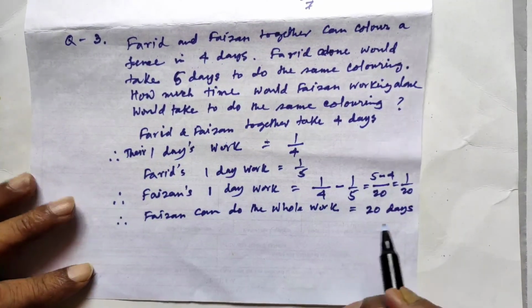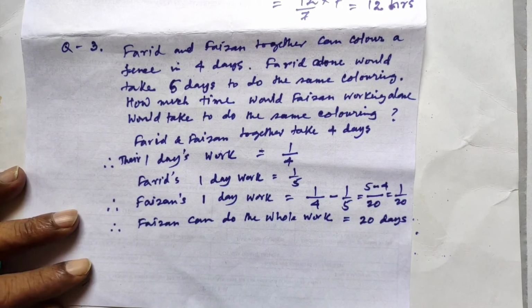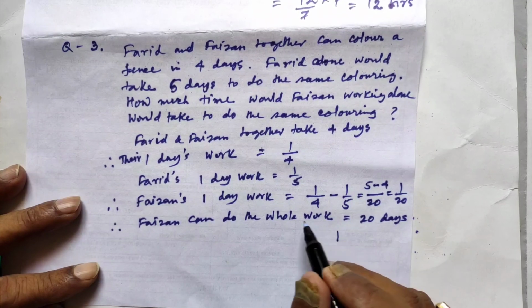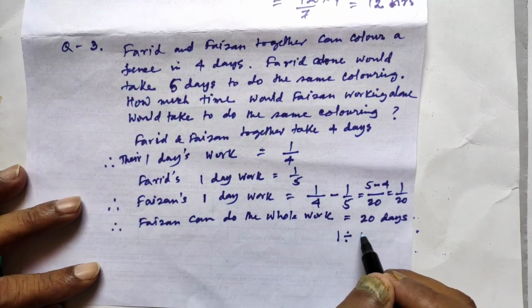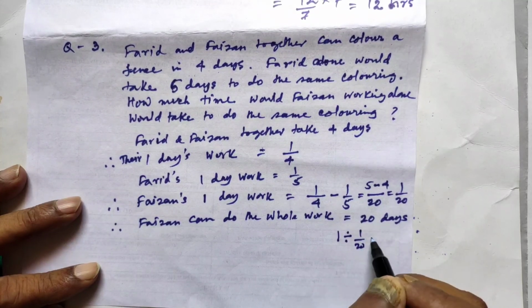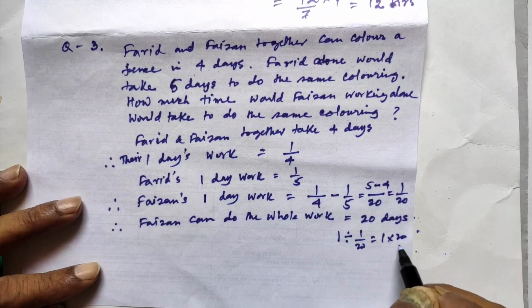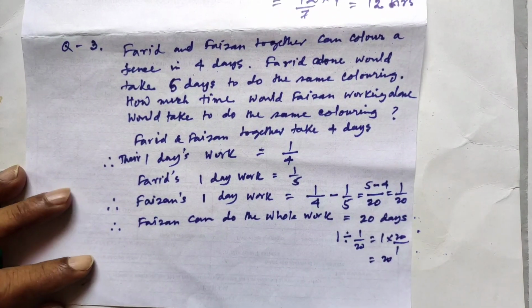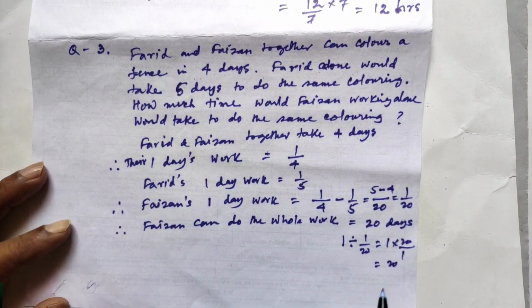You have to reverse it. Here I am showing you that the whole work is taken as 1 divided by the 1 day's work. Therefore, when you cross it, 1 by 1 by 20, you get 20 days. Remember it. This is the small thing I have shown you. There should not be any confusion.